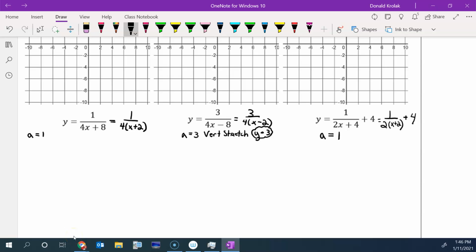Okay, now your B's, you've got yourselves a 4. That takes your X coordinate times 1 over 4.